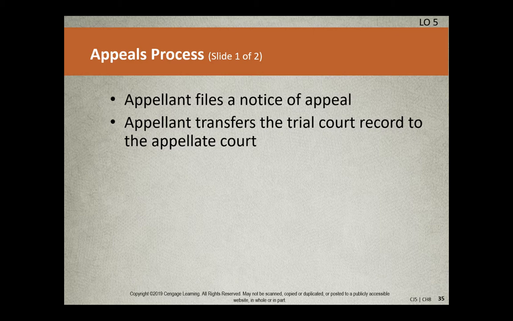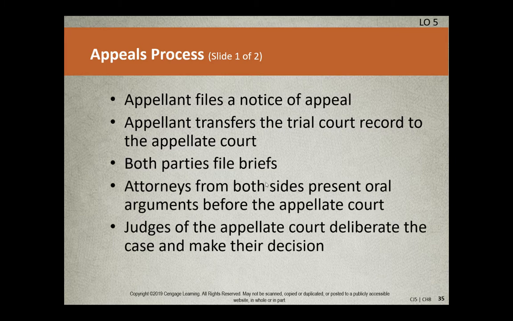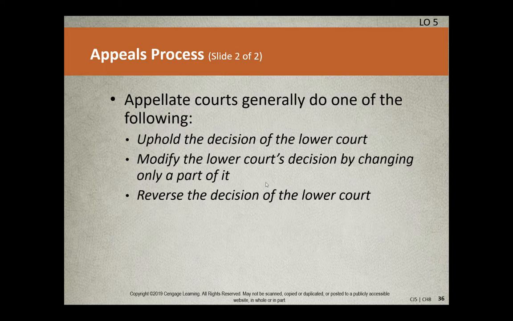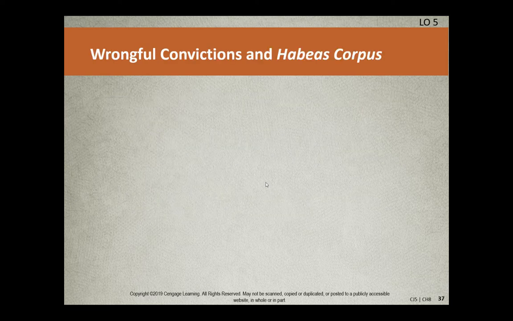And then both parties file briefs, which are written legal documents. Then attorneys from both sides have an opportunity to present oral arguments to the appellate court, and then the judges of the appellate court retire to deliberate the case. And the slides go through all of these.